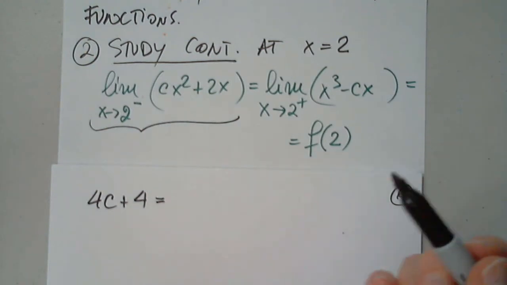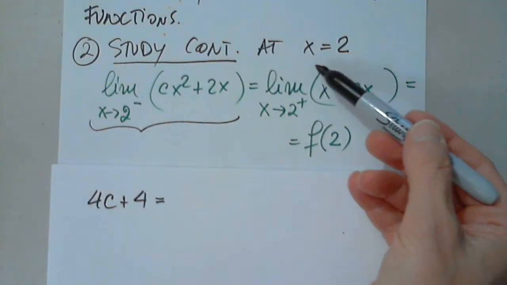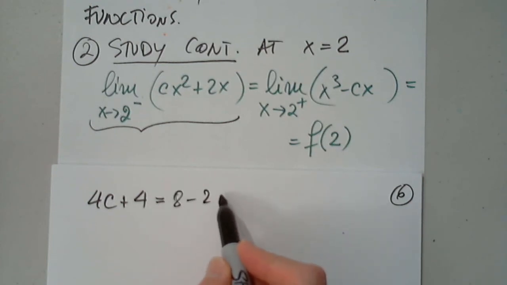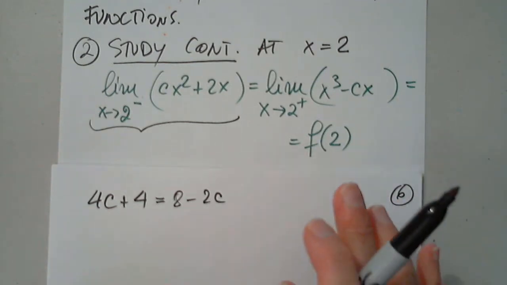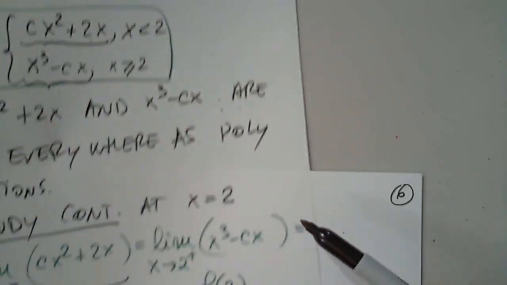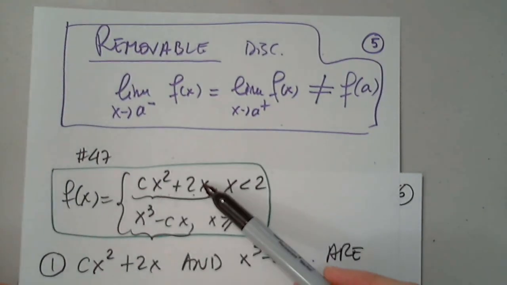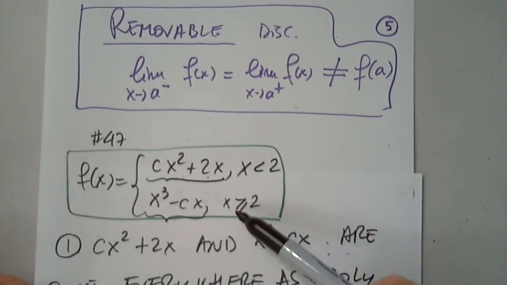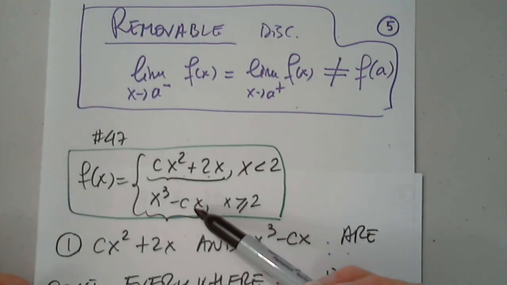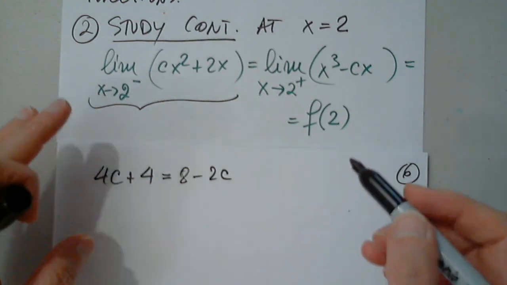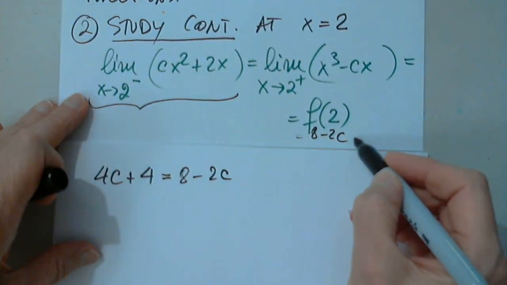Can anyone else give us this limit? 8 minus 2c. Good. Can anyone give us f of 2? Which branch will you use to find f of 2, the top or the bottom? Bottom. Perfect. So f of 2 equals 8 minus 2c.